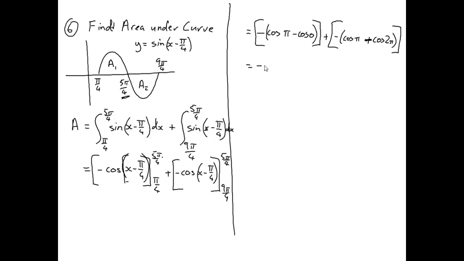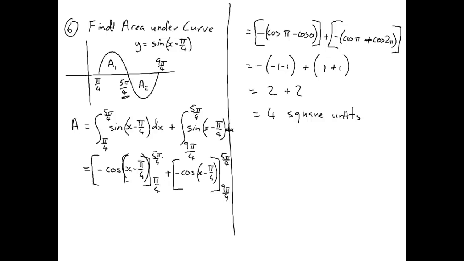Then 1 plus 1 plus 1 gives me 2, plus 2 gives me 4 square units.